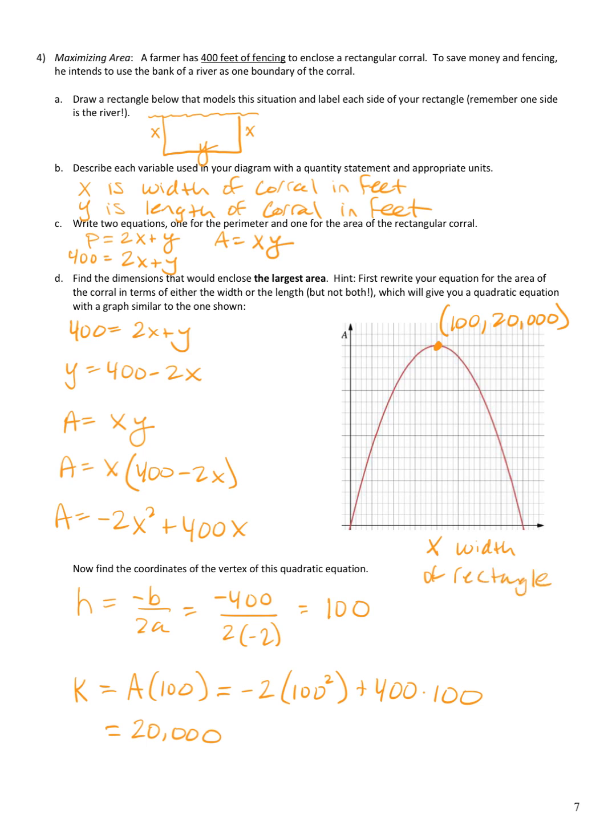And then my y-coordinate is area. So I'm just going to write that over here, area. So the largest area possible is 20,000 square feet. It happens if we make x 100 feet. So this is our final conclusion. The largest corral is 20,000 square feet if we make x 100 feet.